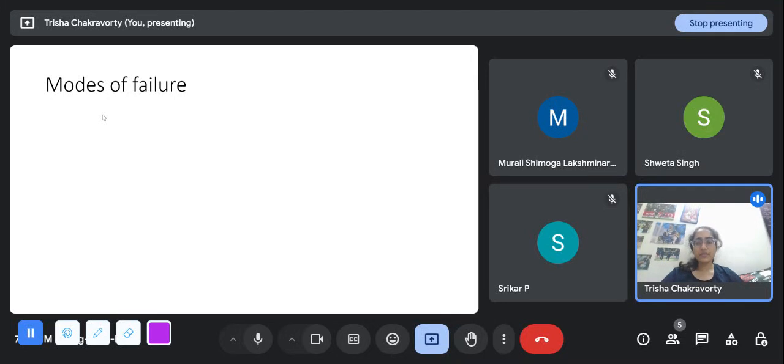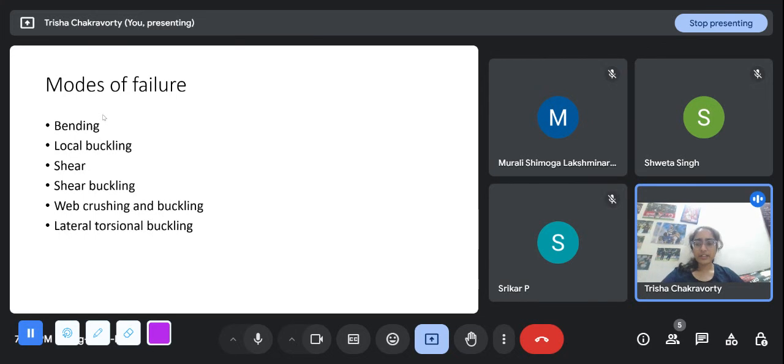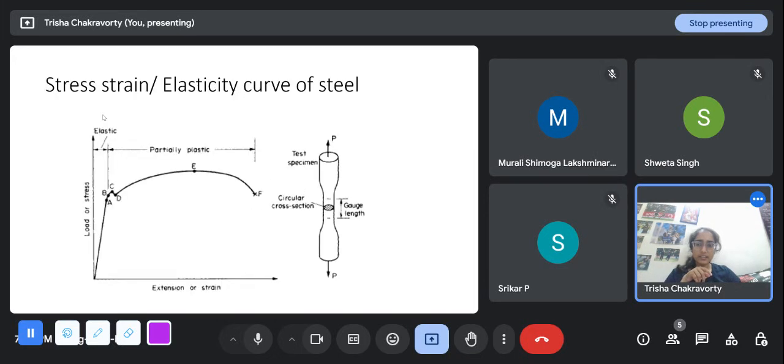There are these modes of failure: bending, local buckling, shear buckling, web crushing and buckling, and lateral torsional buckling. Again, as I have said before, buckling is an important mode of failure in steel, because in steel the sections are slender. One dimension is much higher compared to the other two. The two smaller dimensions are the cross sections that we have seen, like these.